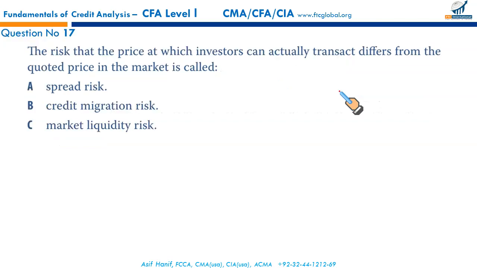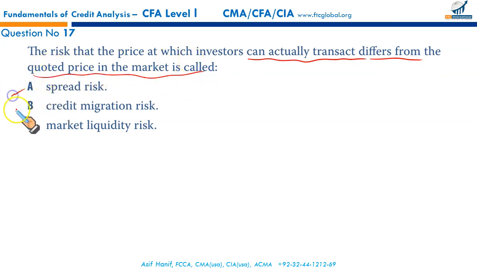Next, the risk that the price at which investors can actually transact differs from the quoted price in the market is called. Now let us first discuss these three options and then you will select which amongst them is the correct one. First, let's discuss spread risk.